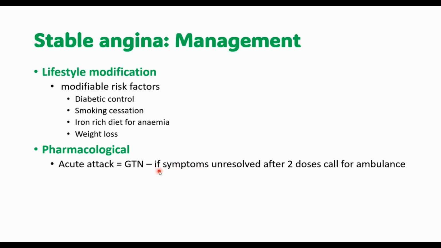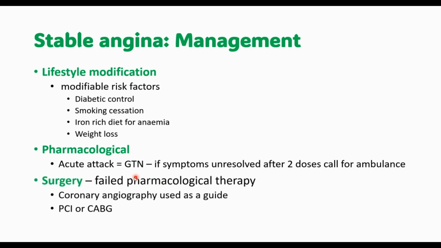And the reason it's given under the tongue is because there's lots of blood vessels there, and it really helps to get that medication into the systemic circulation quickly, so it can have an effect on dilating the coronary arteries and alleviate the patient's symptoms.